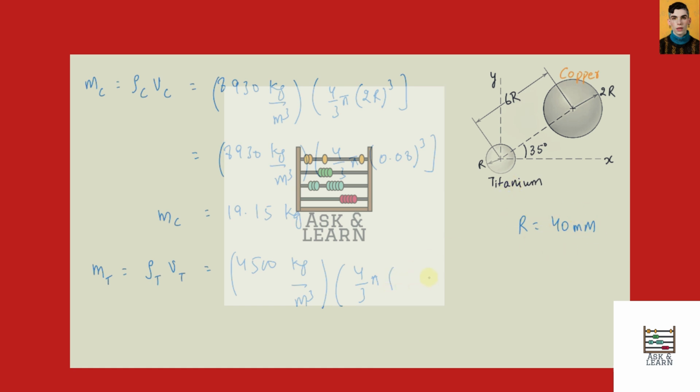So 40 mm in meters becomes 0.04 meter cube. Now we're going to simplify this and we'll get the mass of titanium as 1.206 kg. Now we have calculated the mass. Now we can easily calculate the gravitational force.